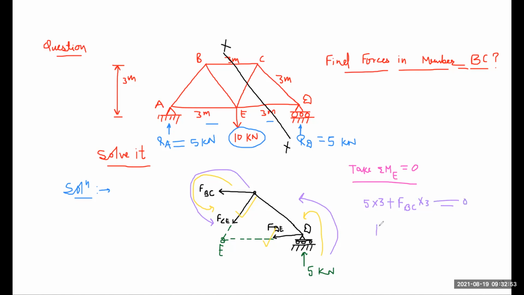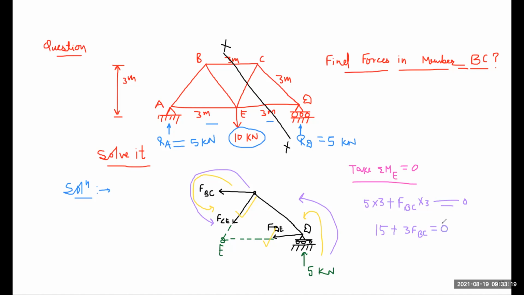We get 15 plus 3 into FBC is equal to 0.